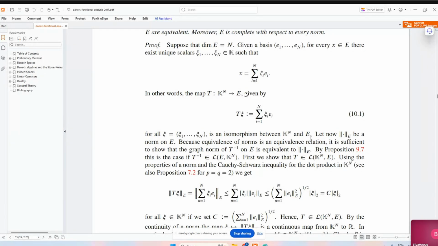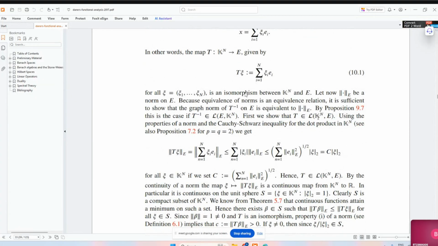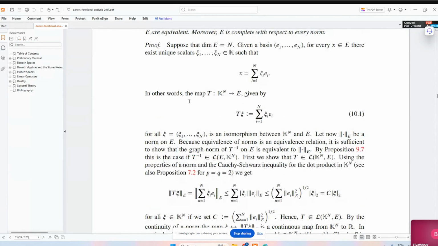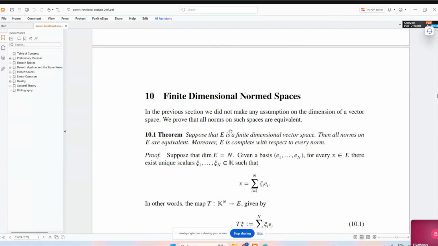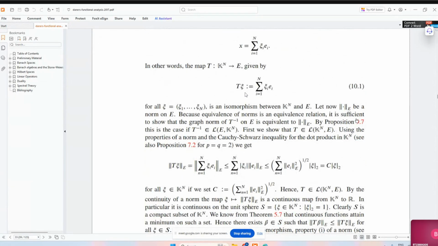That's obvious. It maps a basis to a basis, and therefore it will be an isomorphism. That is not very difficult to see. One-one and onto is obvious and not a big issue. That's linear algebra. Now let the norm on E be a norm. Initially we started with the vector space, normed linear space E, so let's call that norm the norm on E. Because norm equivalence is an equivalence relation, it is sufficient to show that the norm of T inverse on E is equivalent to this.